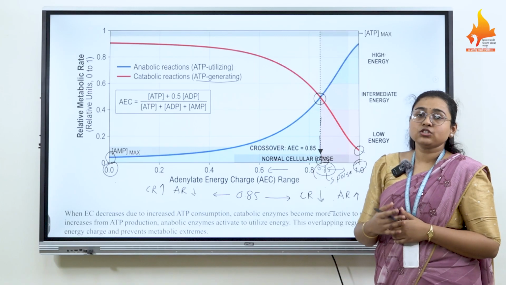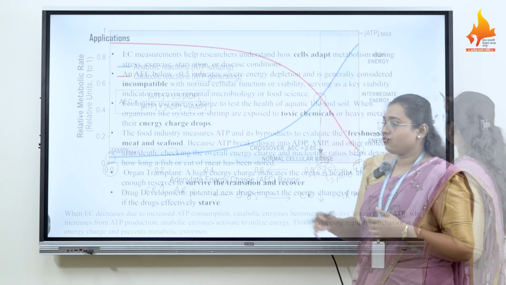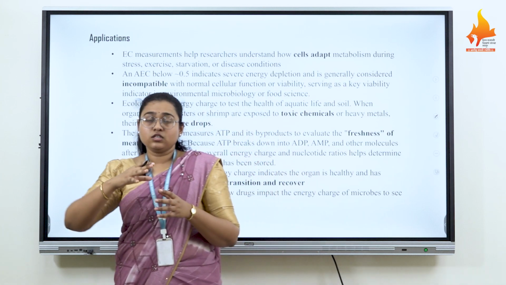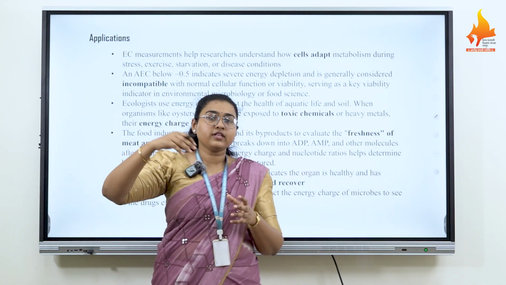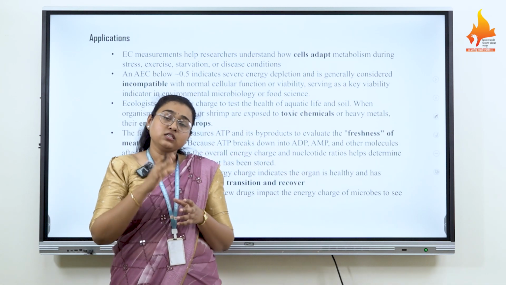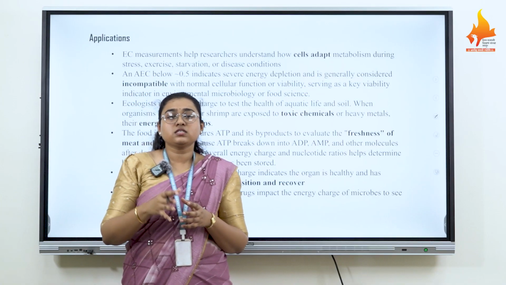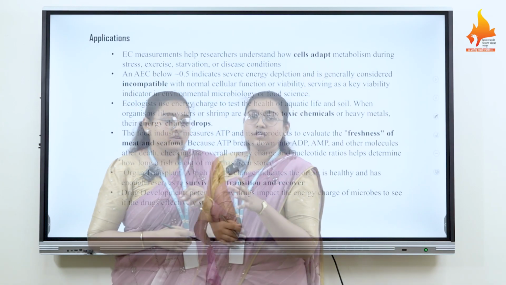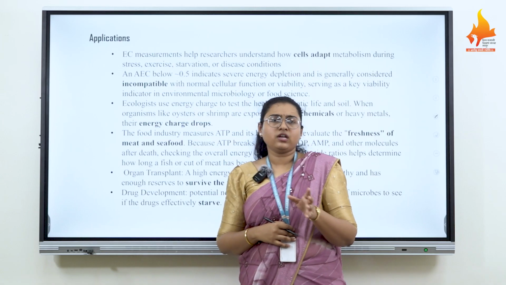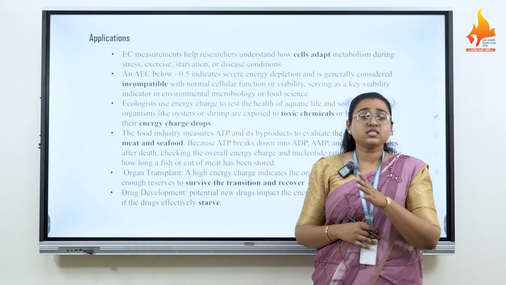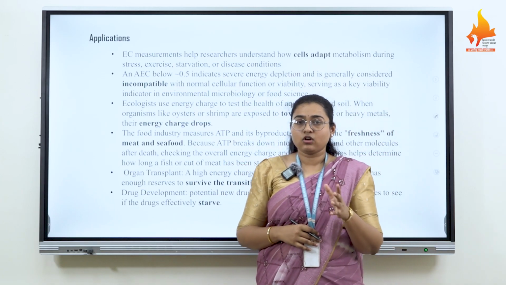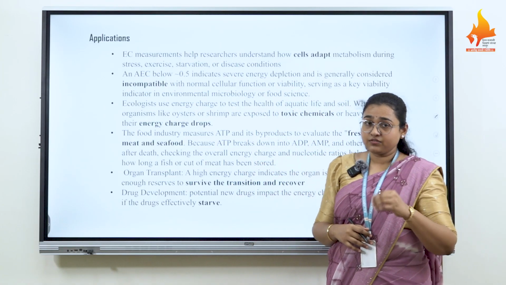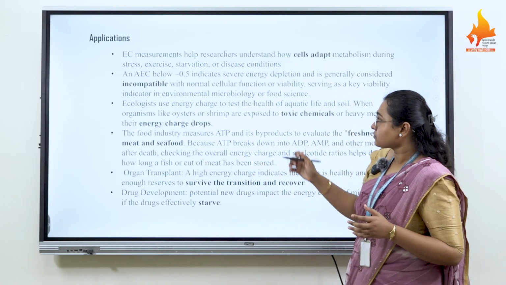Then what are the applications of this energy charge? If the cell has a higher value, suppose more than 0.85 or more than 0.5, then we can suggest that the cell can survive in this type of condition. While if the cell has an EC value below 0.5, then the cell cannot survive in that condition, because the cell has a minimum amount of energy to conduct the different types of cellular functions.